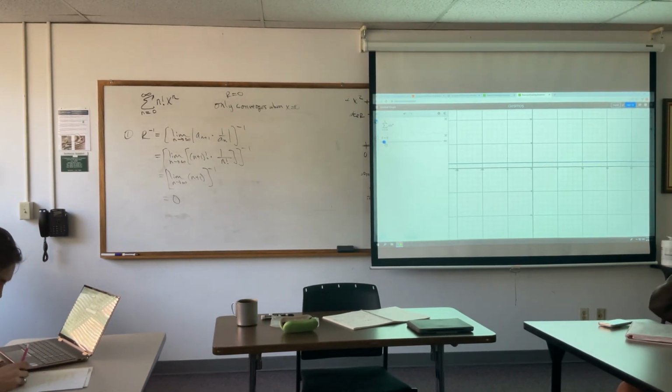Like your very first term, when n equals 0, you've got 0 factorial times x to the 0, that is 1. So that's what we're seeing there. And then when k is 1, I've got 1 plus x. Not so bad. When k is 2, I've got 1 plus x plus 2x squared. Then I'm adding on 6x cubed.